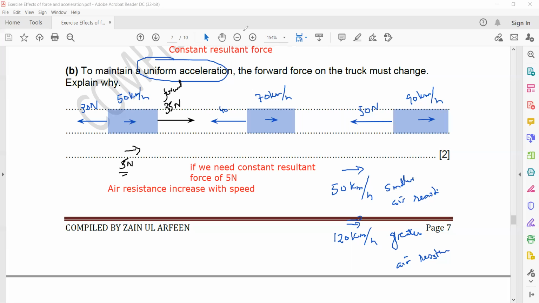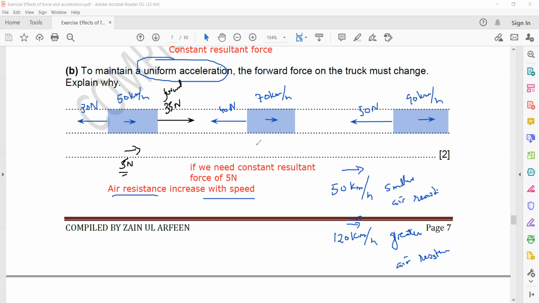Now there is a backward force as the truck is accelerating. I told you that whenever the speed increases, the air resistance will also increase. So this truck will accelerate, and as it accelerates, its speed will increase. As the speed is increasing, now the backward force, or the air resistance, is 40. So what should be the resultant?